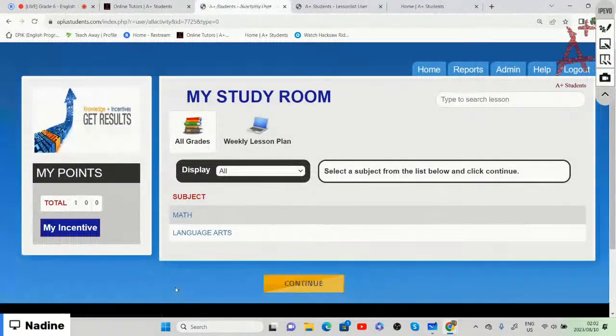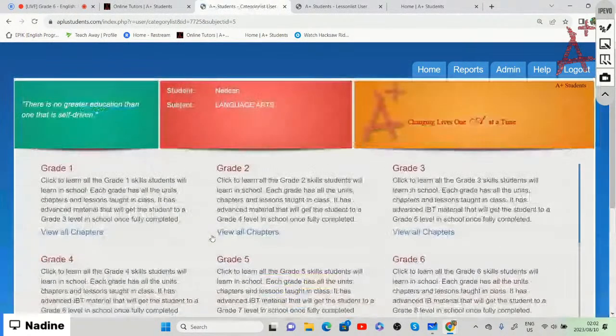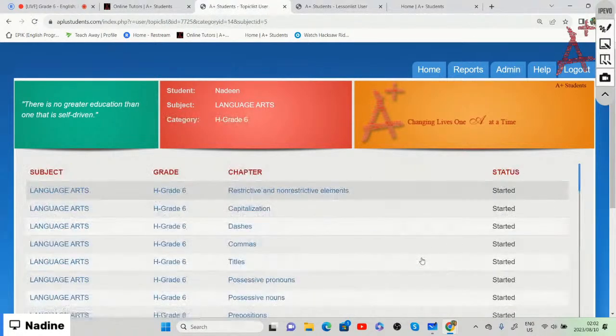Then we're going to select the subject of language arts, and then grade 6, because this is the grade that we are focusing on today.